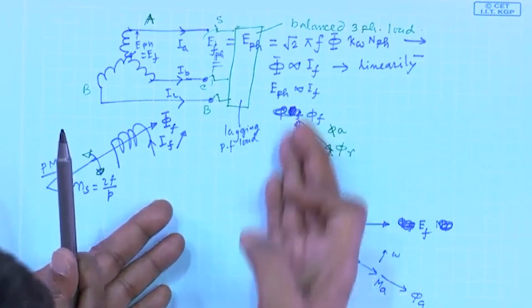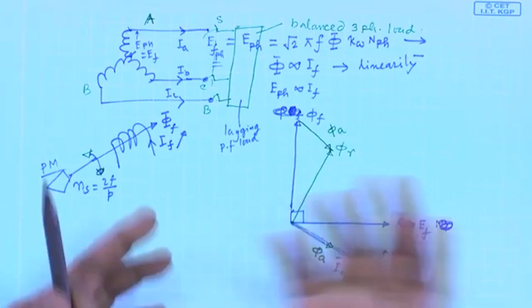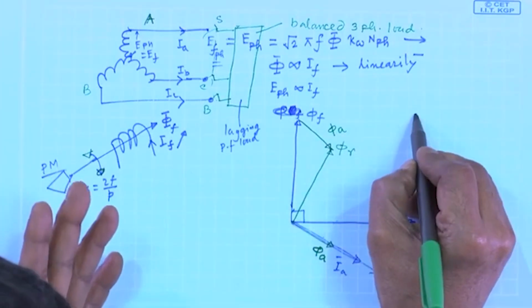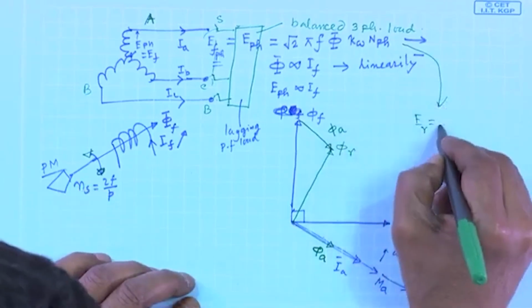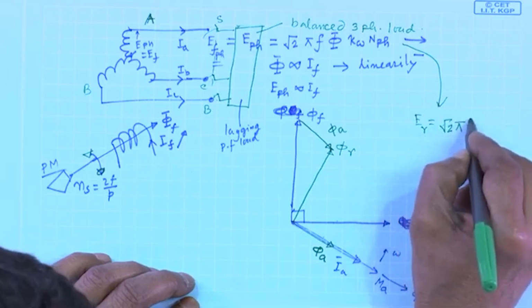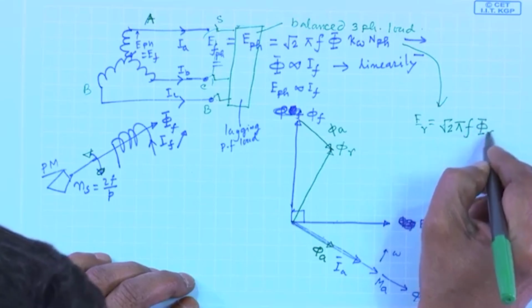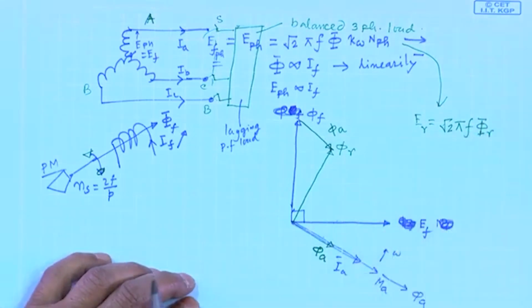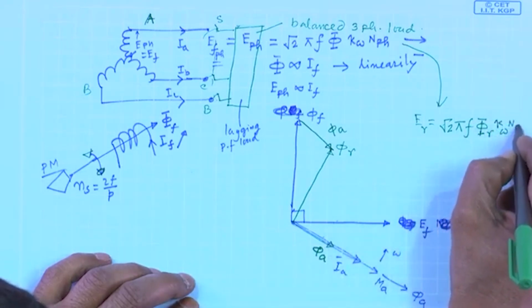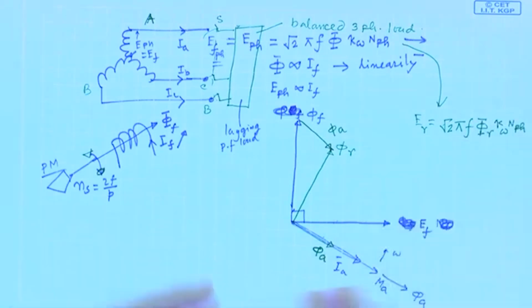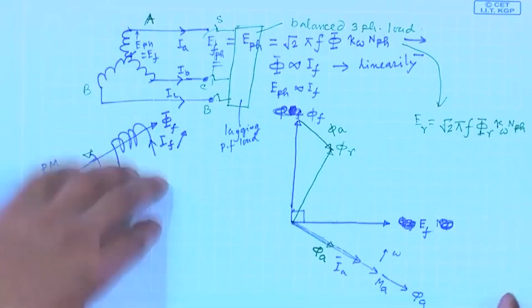Therefore, I have been able to locate where phi R is, and because of that phi R, the induced voltage should be ER, from the same expression. I will say the induced voltage is now root 2 pi f, flux per pole because of this resultant, into kW into n phase. That is what logic says, that the induced voltage in the coil now changes.